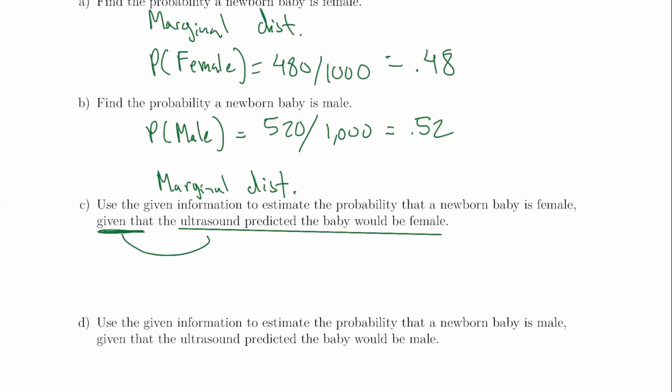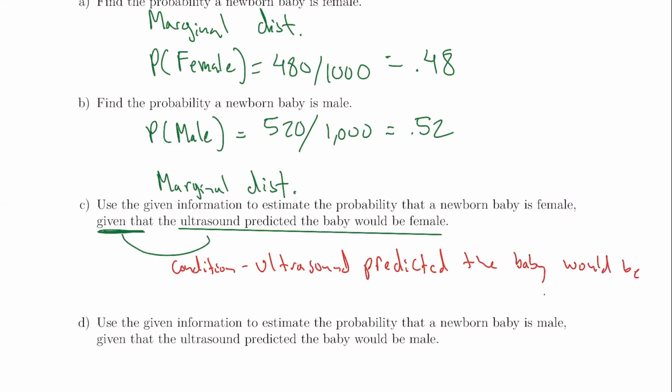So in this case, the condition is the ultrasound predicted the baby would be female. So I'm gonna put right here, condition is ultrasound predicted the baby would be female.